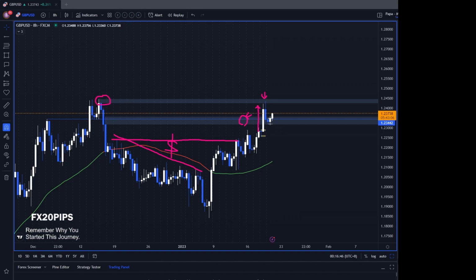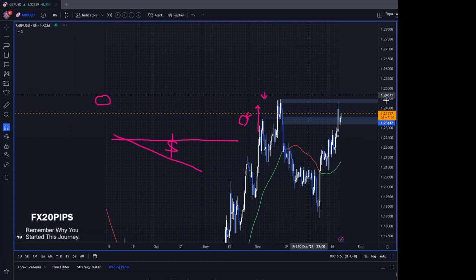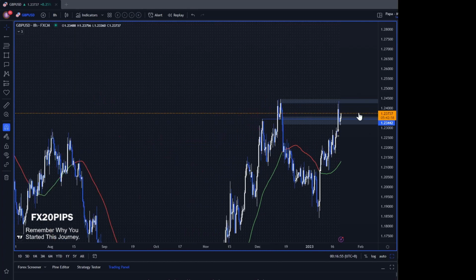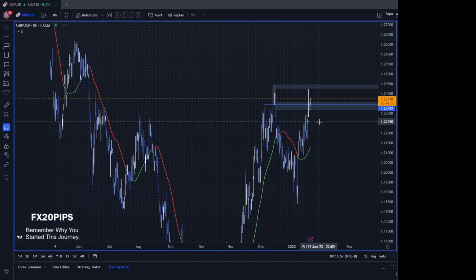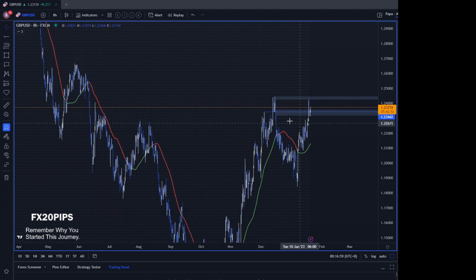All right, so if we were to scroll out and look at it, okay, we can see that this is actually the correct placement of the order block because it's at the top of it. All right.